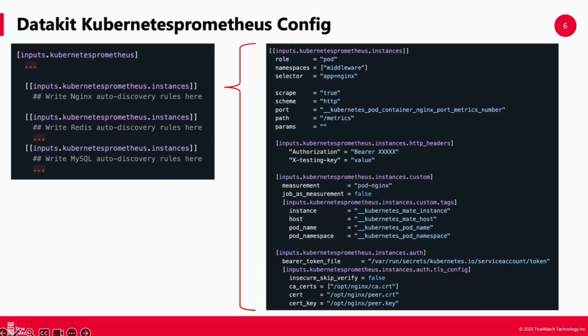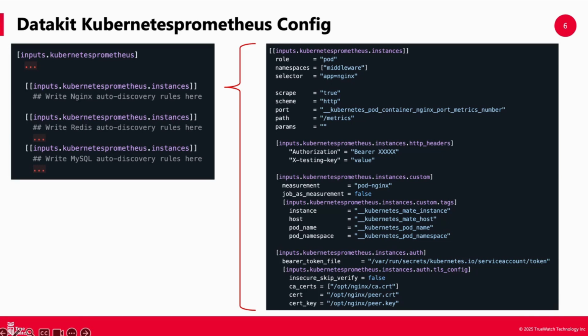And the second collection mechanism is the Datakit instance monitoring mode, which is specifically designed for new environments that have not used Prometheus before, or for those users who want to reduce the workload of annotation and configuration and management.